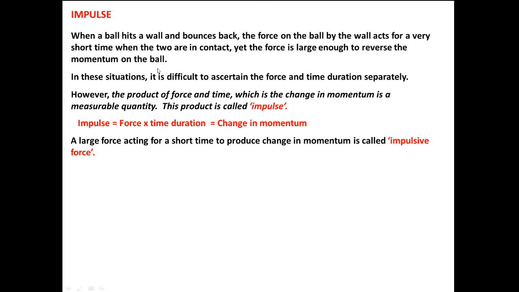Means see, when a moving ball hits a wall, for a short duration they remain in contact, and the wall exerts a force on the ball so that its direction reverses. So what happens? A moving ball before hitting is moving in one direction, when it reverses, its direction changes, so its momentum changes.